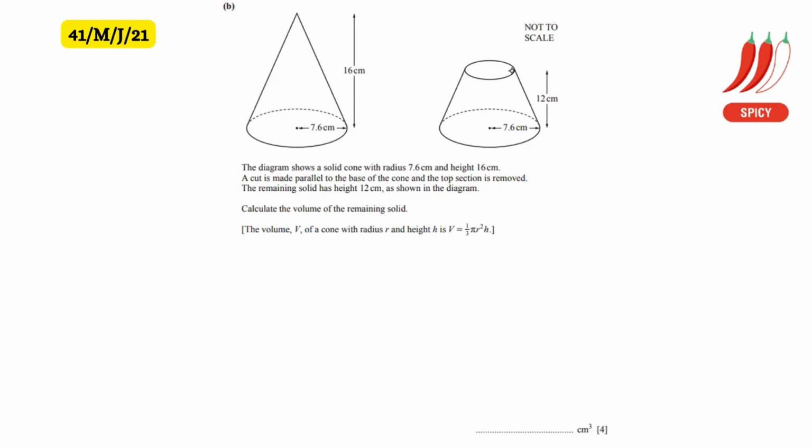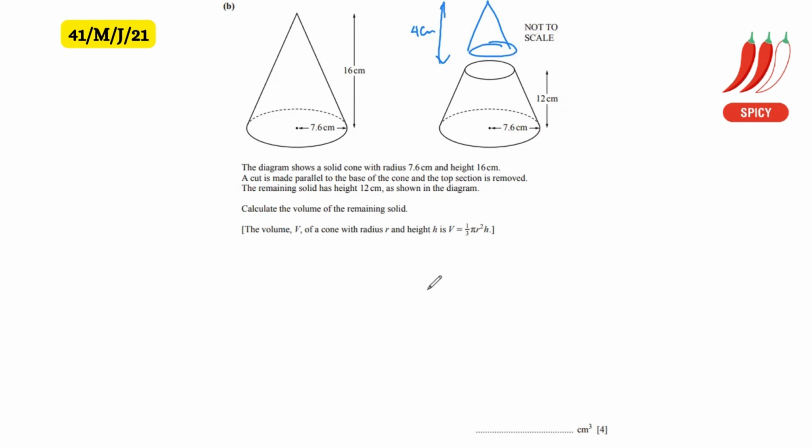If the top part is removed, we can see that the total height of the cone was 16. Now it's 12, which means this top part is 4 centimeters because 16 minus 12 is 4. So if you draw a cone separately over here, the cone has a height of 4 centimeters. Radius, we don't know what that is.